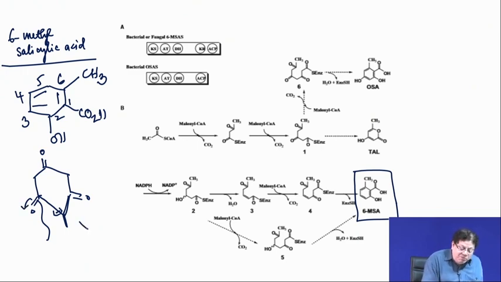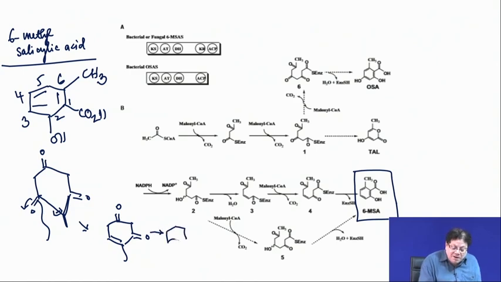So, if that happens, what you will get? A carbonyl here, here and here is a dehydration, because there is some reaction that has gone here. But this will now immediately tautomerize and form this aromatic ring, because the aromatic system is more stable.